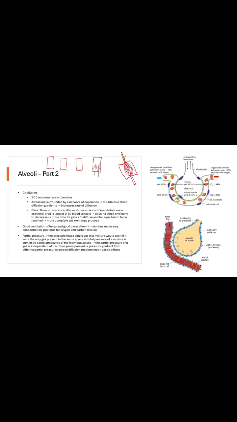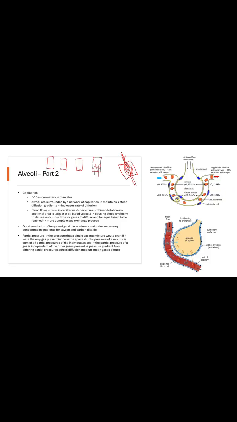When it arrives at the station, many more people can get on that train. And it's the same with the ventilation, that we want to make sure that we get all of our carbon dioxide out of our bloodstream and all of our oxygen into our bloodstream. With higher concentration gradients, this diffusion will occur faster.